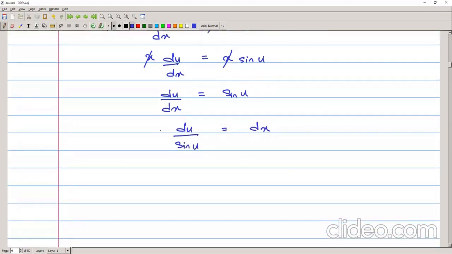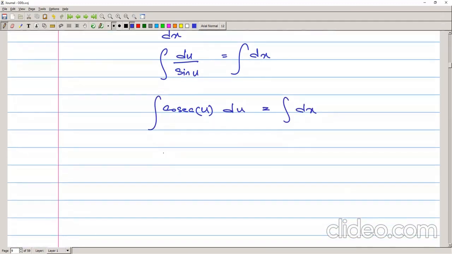So we can integrate. So this 1 over sine u is simply cosec u, and du is equal to dx. So the integral of cosec u is ln tangent u over 2 is equal to x plus c.